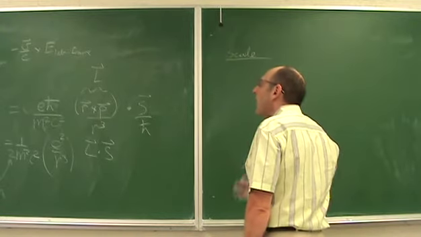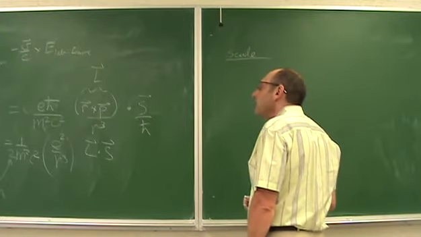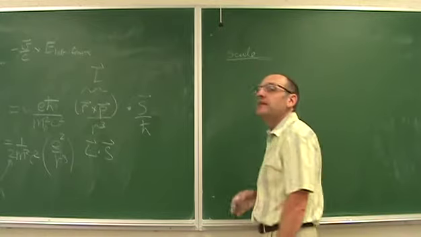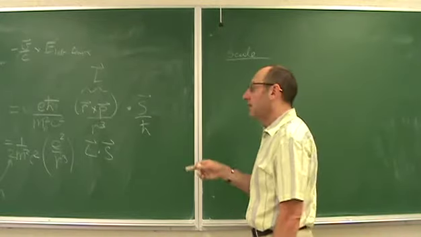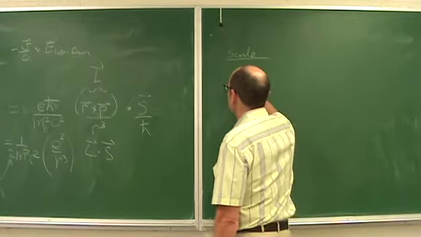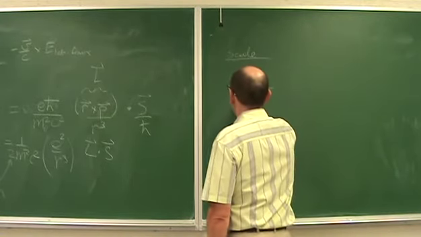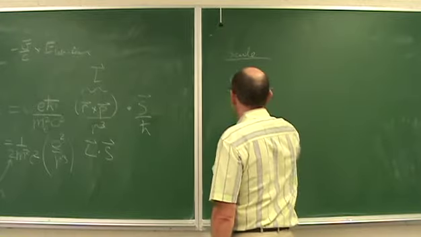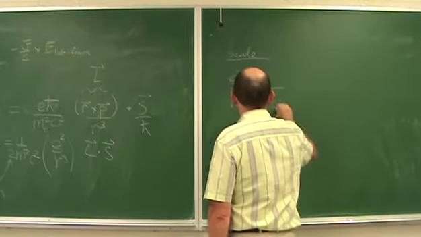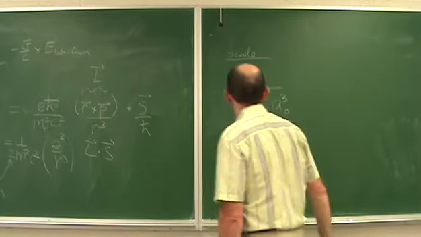L and S are angular momenta. The characteristic scale of angular momentum is h bar. So the characteristic scale here is e squared h bar squared, divided by m squared c squared times Bohr radius cubed.